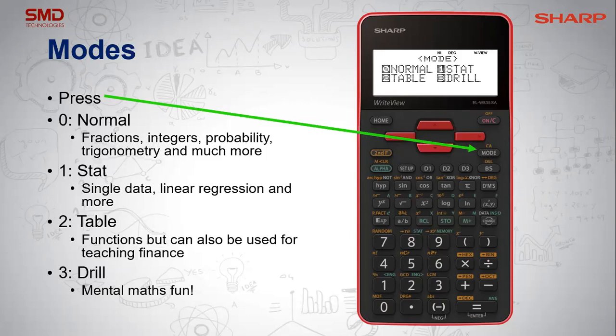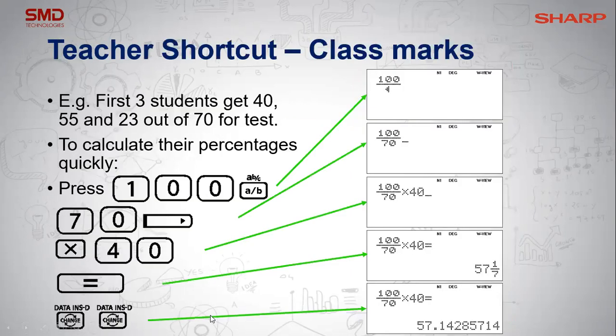What the calculator does is allow students to practice mental maths with instant feedback. It asks a question, they have to answer it, the calculator marks it for them, and if they're right, they get a new question. If they're wrong, they get the same question again. So it's quite a nice system for practicing mental maths.